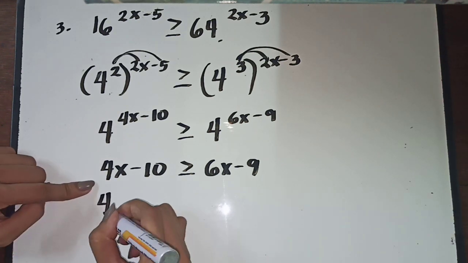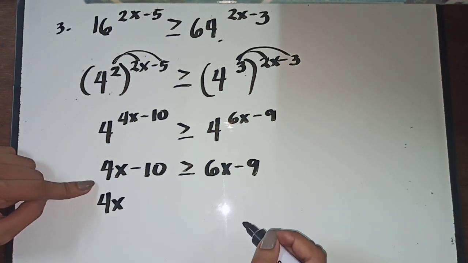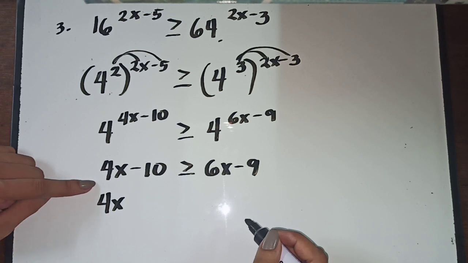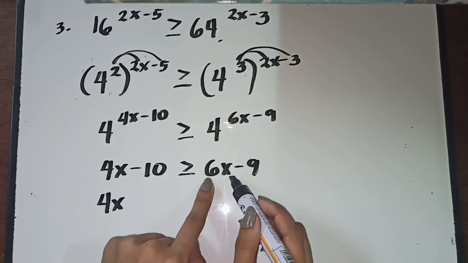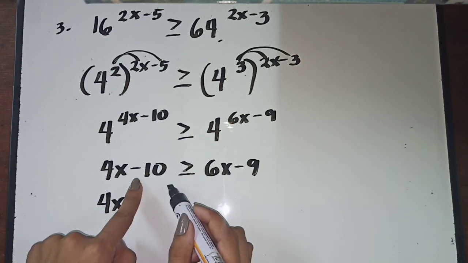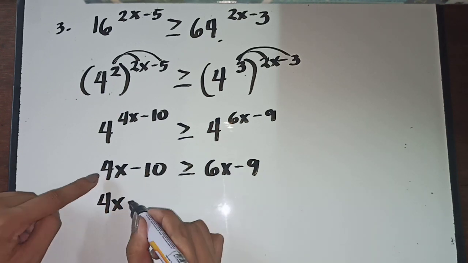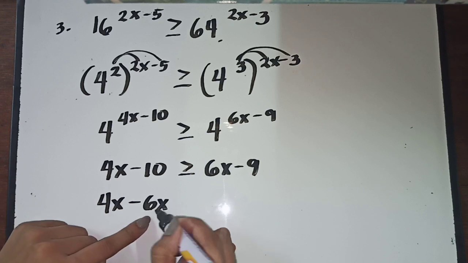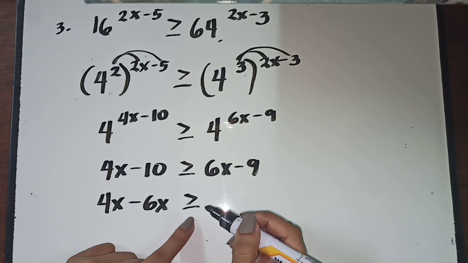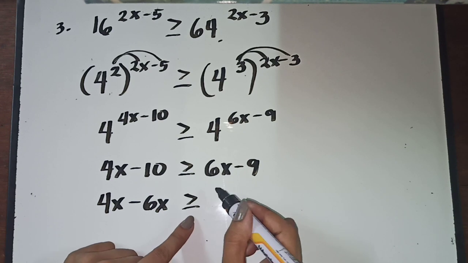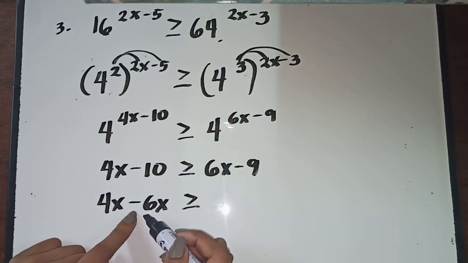So, for x, pagsama-samahin lahat ng may x at pagsama-samahin lahat ng constant. So, for x, from positive 6x, once na nilipat sa kabilang side, it will become negative 6x. Okay, so is greater than or equal to, walang nagbago. Bakit po? Kasi po, nag-subtract lang naman ako.